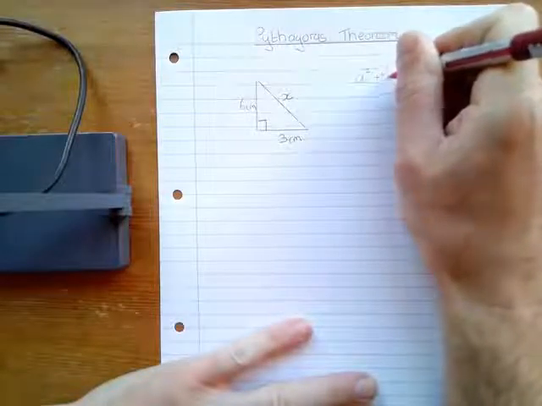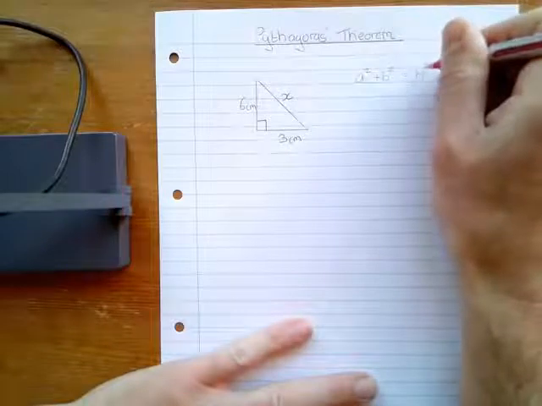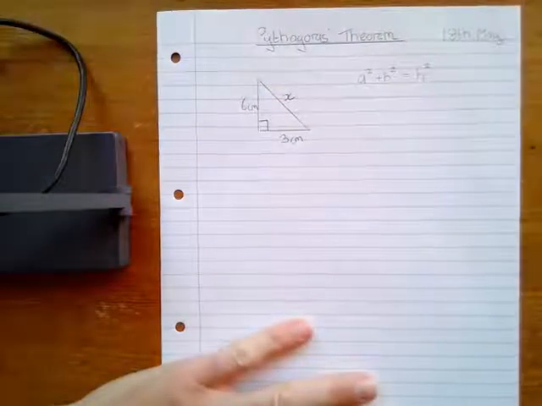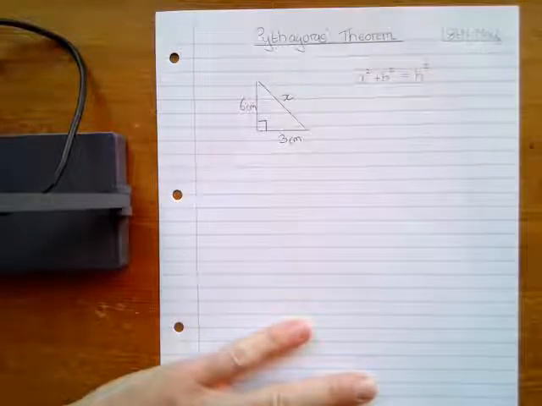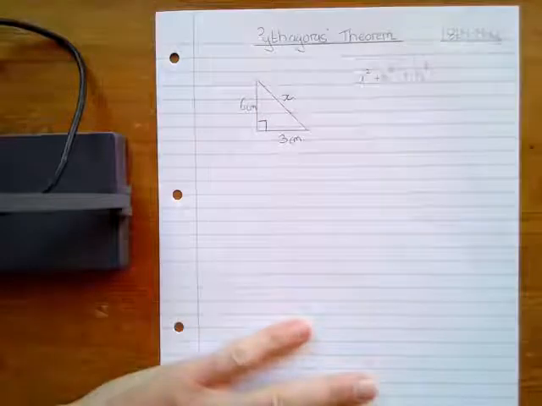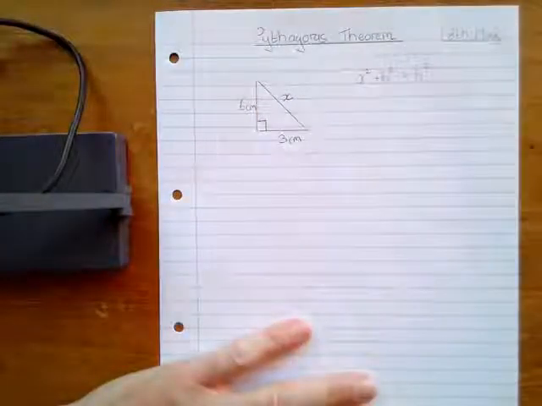It's a squared plus b squared equals h squared, which is just an equation. We've been doing lots of work with algebra last week, but it's an equation where the a and the b and the h actually stand for something to do with the triangle. And they are, in fact, the 3 sides of the triangle.